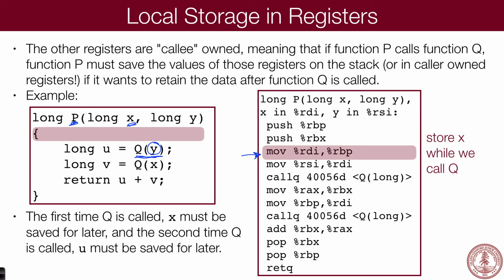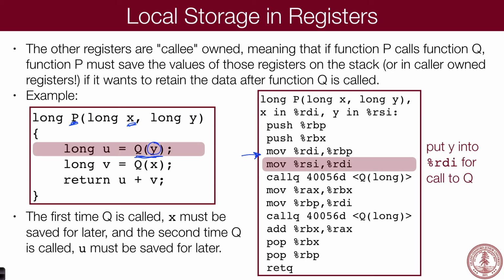All right, so that's what's happening here. Well, guess what? Now in the next one, we say, oh, OK, we're going to move I, which is RSI, into RDI because we're about to call a function that needs the value in RDI as its first argument. Right? Now, you might be thinking, well, you could do this much more efficiently. You might be able to somehow tell the calling function that this is now the new first register.